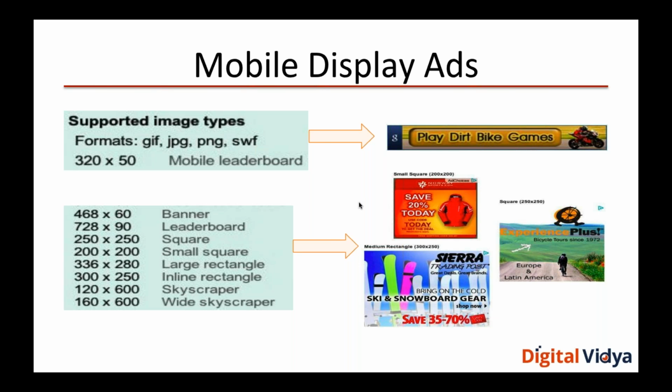These are called mobile display ads. The numbers on the left hand side are the pixel sizes. You measure in pixel size on laptop and mobile. So when a graphic designer has to design an ad for you and you're targeting mobile devices, they'll have to adhere to these pixel dimensions so that it is mobile friendly to show up on mobile devices.